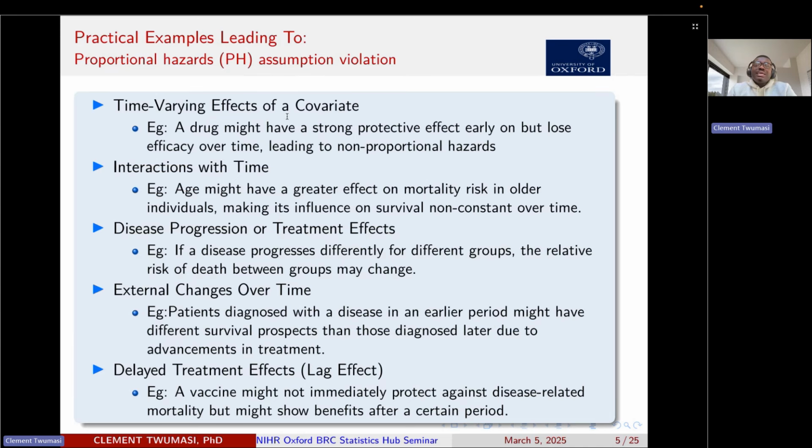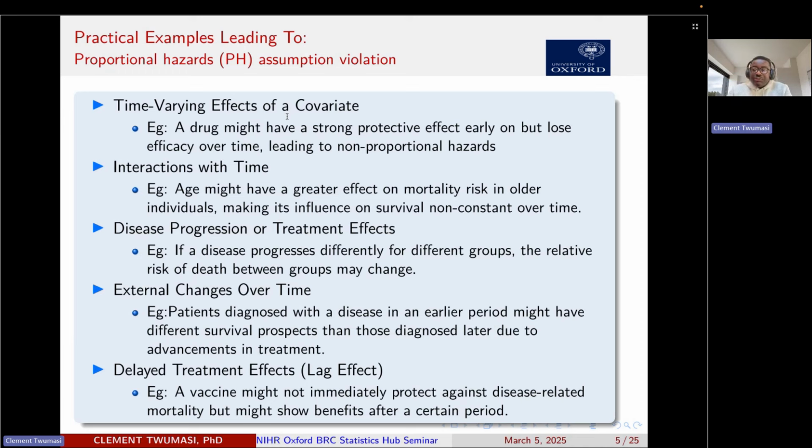And we said the constant hazard assumption is basically assuming that the effect of each covariate on the outcome or on the hazard function remains constant over time.